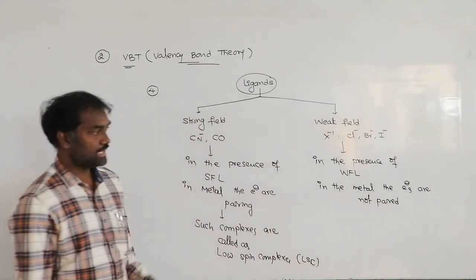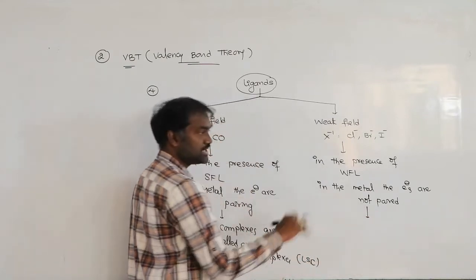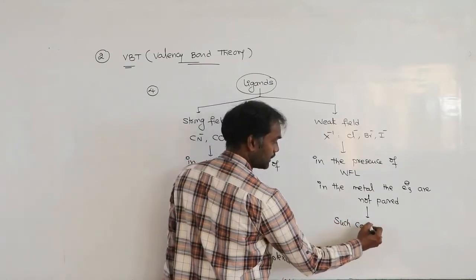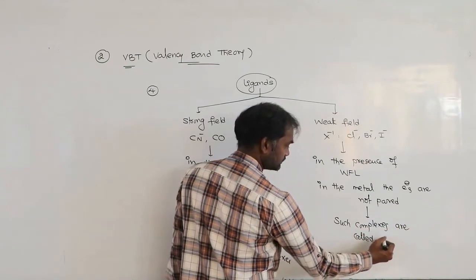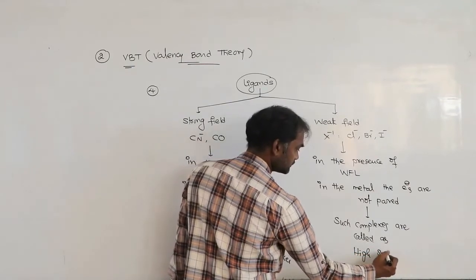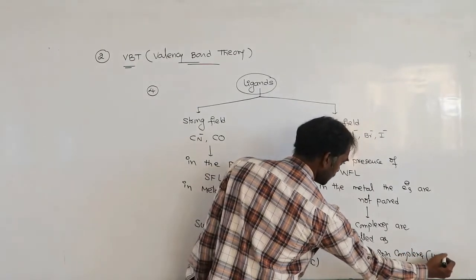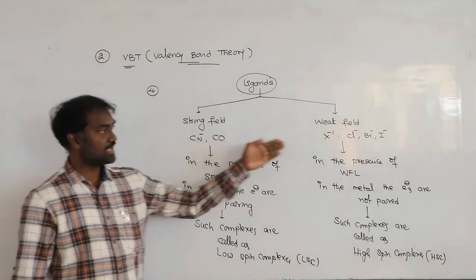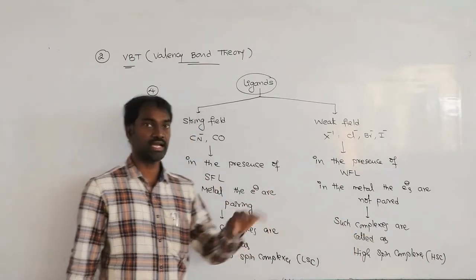So as it is, the spin is available, and such complexes are called high spin complexes, HSC. Whatever spin is there at the start, the same spin is available at the end. After the ligands come, the same spin is there, so you call it high spin.